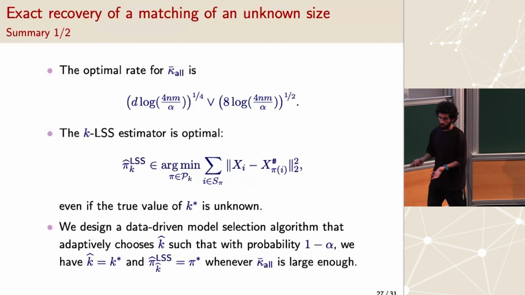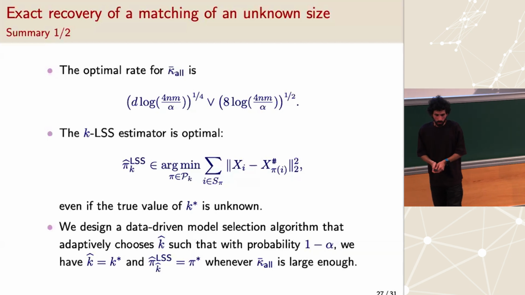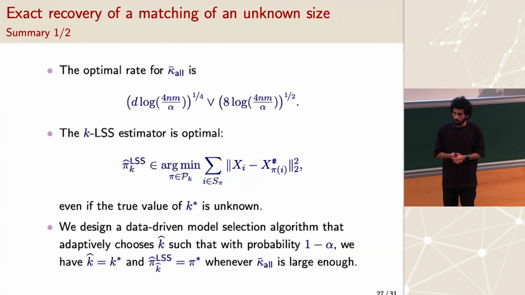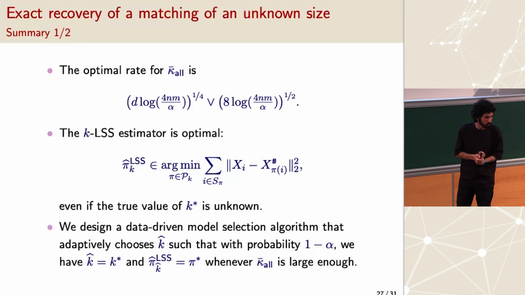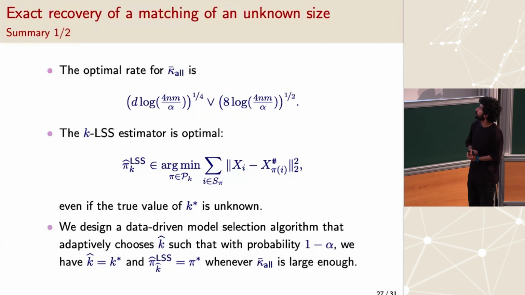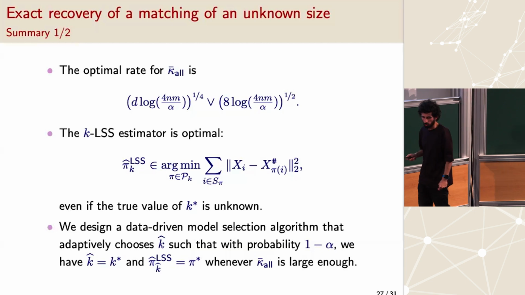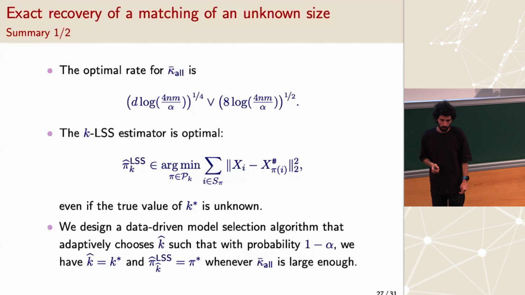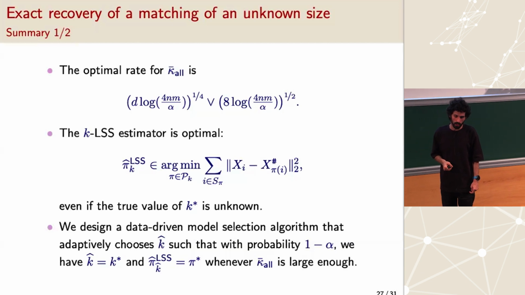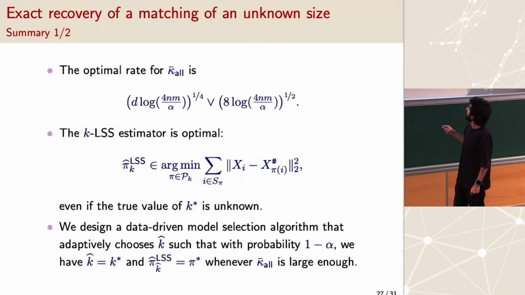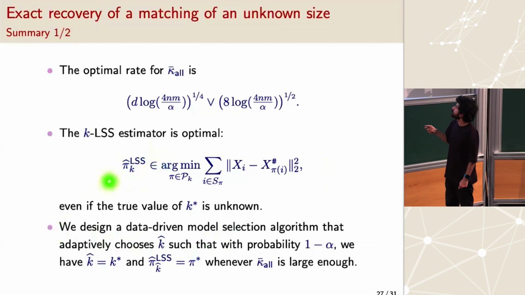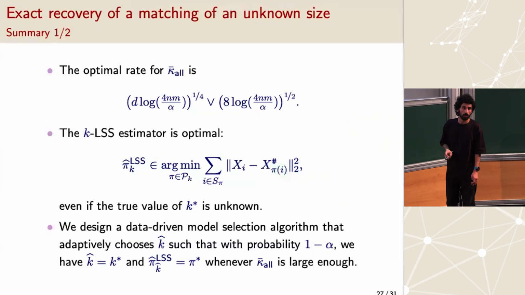To sum up, the result of this part is that we show that the optimal rate for this problem is again d log n to the power 1/4, and we solve this problem using the k-LSS estimator, which is given here, and it can be done even when k star is unknown.